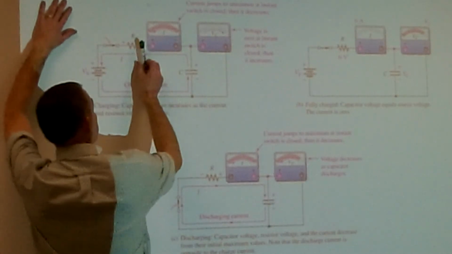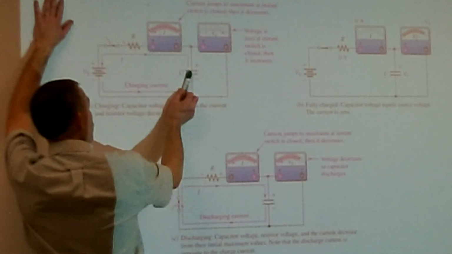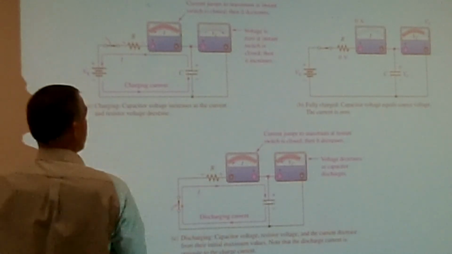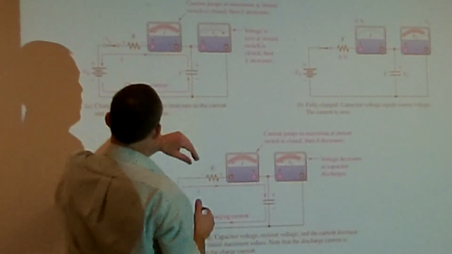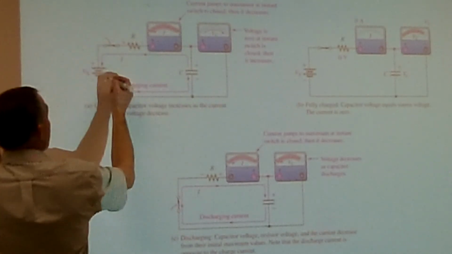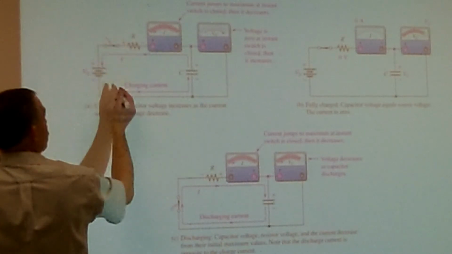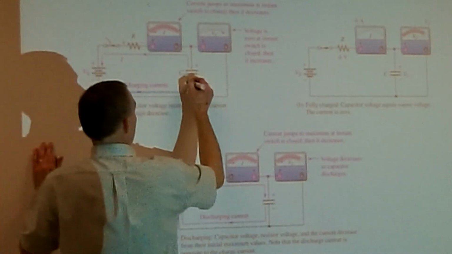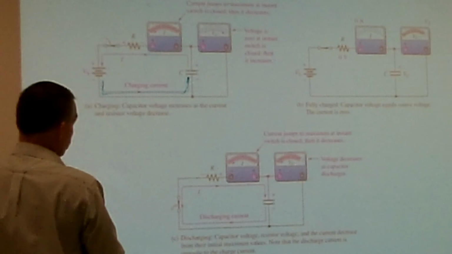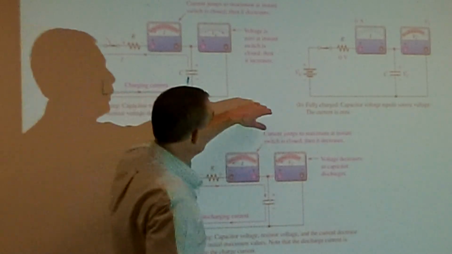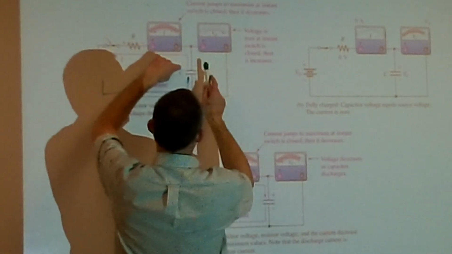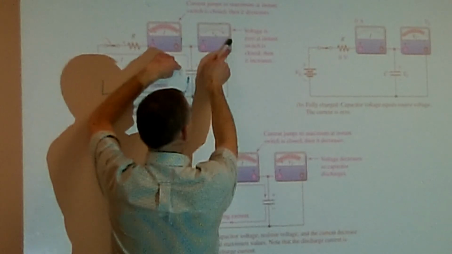So what's going to happen is that's going to slow the rate of my current going through that capacitor. It's going to take a certain amount of time now to charge up that capacitor with that resistor in there. So I'm going to close that switch and that current is going to start to flow. It's going to charge up that capacitor. That capacitor is going to fully charge up to the voltage. So when I first close that switch, the capacitor acts like a short.